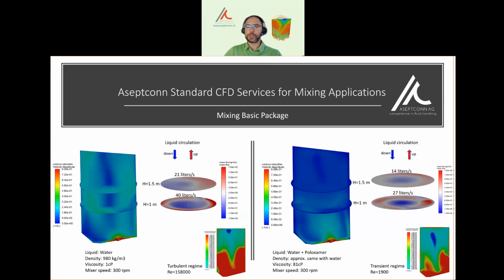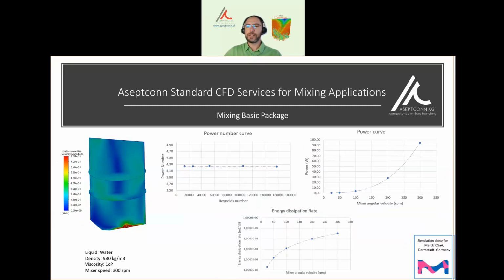We have performed power analysis, flow pattern analysis, and turbulence analysis. Here are the characterization curves for this system with 3000 liters of water, power and energy dissipation rate depending on mixer angular velocity, also the power number curve versus Reynolds number.